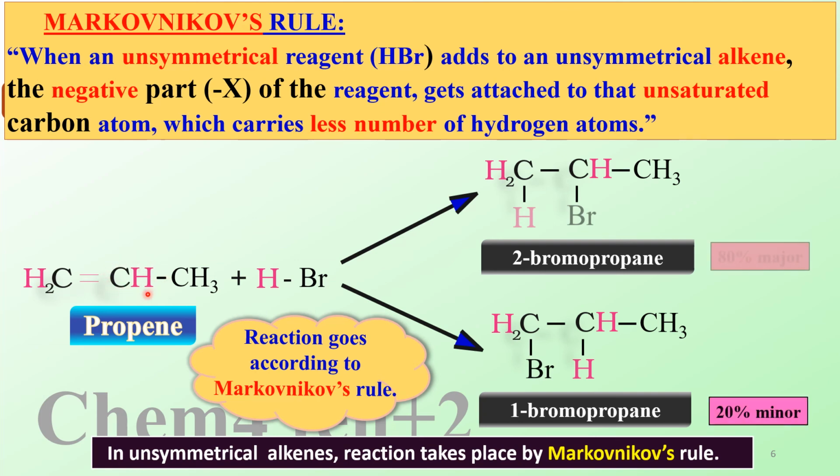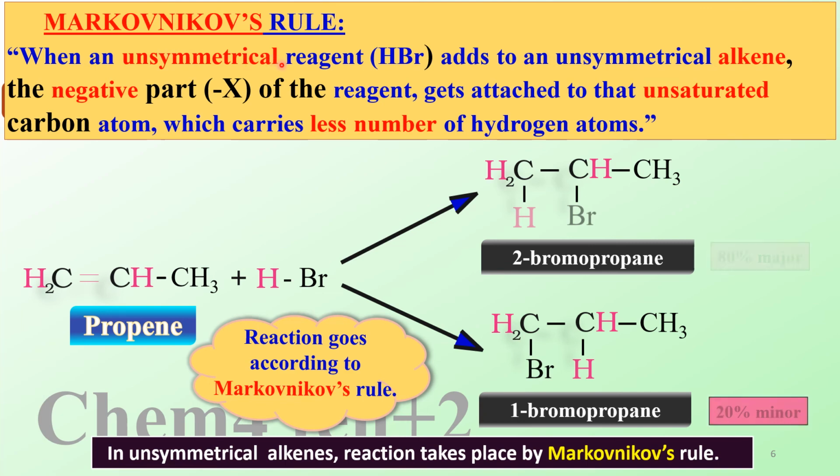So here, when we compare the two carbon atoms which are linked by the double bond, we find the central carbon atom has only one hydrogen, whereas the other carbon atom carries two hydrogens. So the negative part, that is Br of HBr, goes to the central carbon atom, and that product becomes the major one. This is Markovnikov's rule.